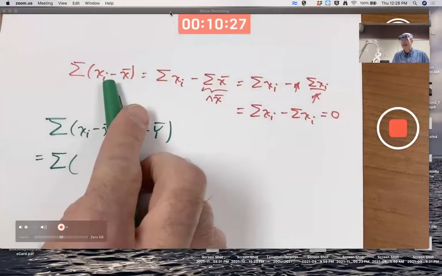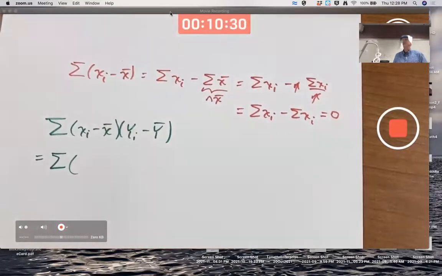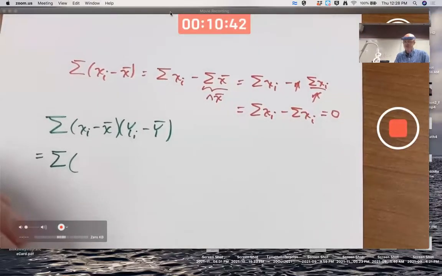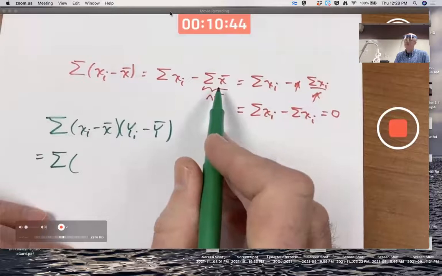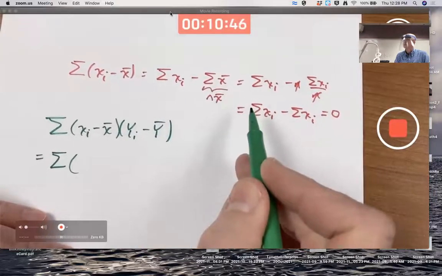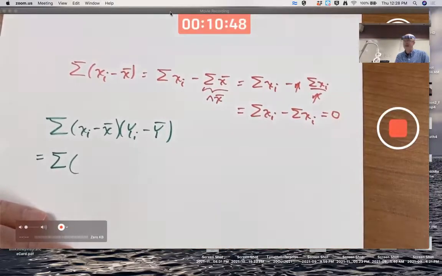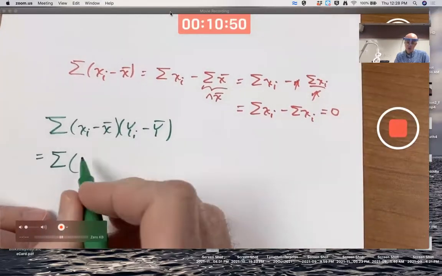Subtraction is really adding negatives, so you can always think of subtraction as being addition. Use that, and then use properties like the fact that constants can be factored out of summations. And it should all work if you're careful.